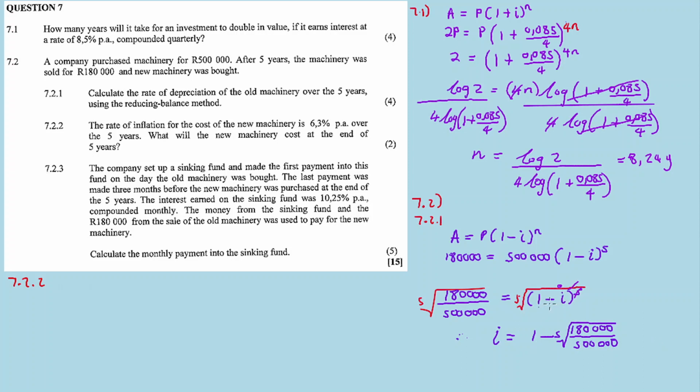Then we have 1 minus i. I bring this to the left, and I take this to the right, because I want i to be positive, so that's why I transpose it to the left. I remove it from the left, remove it from the right, and bring it to the left.